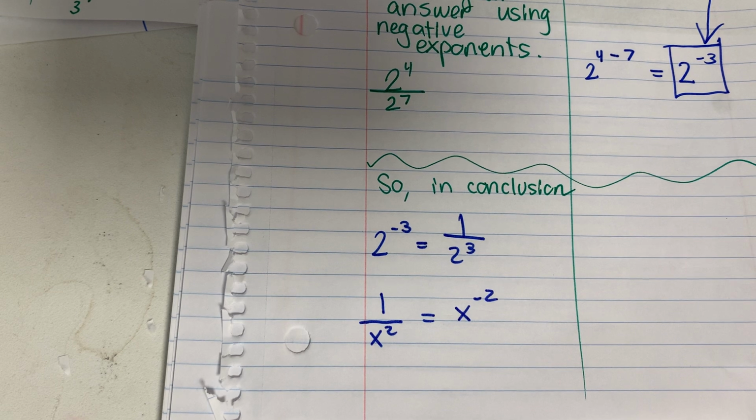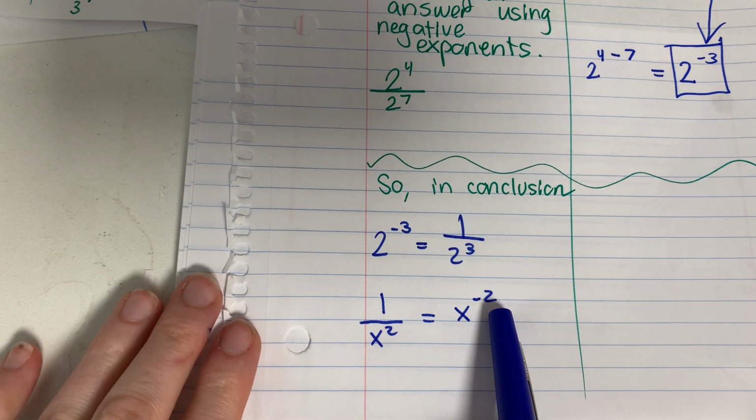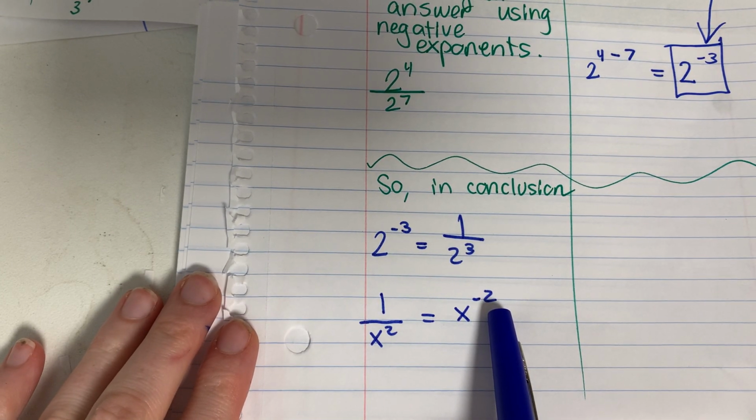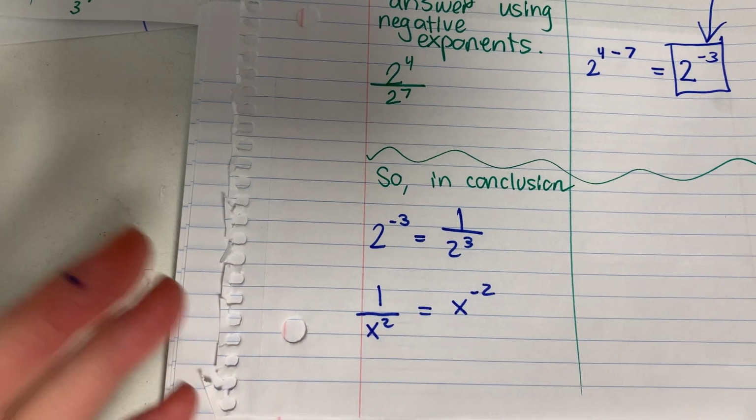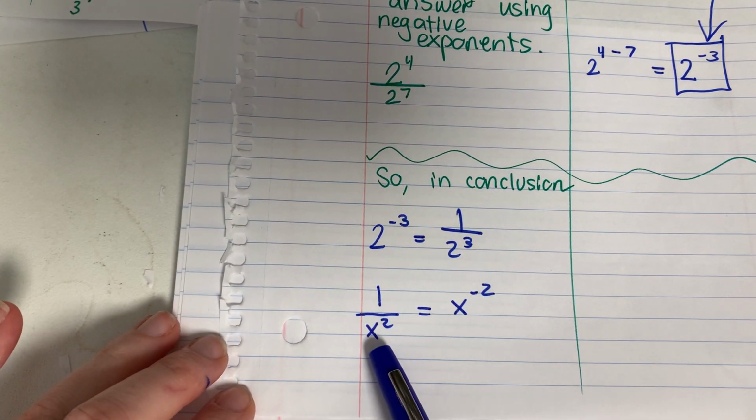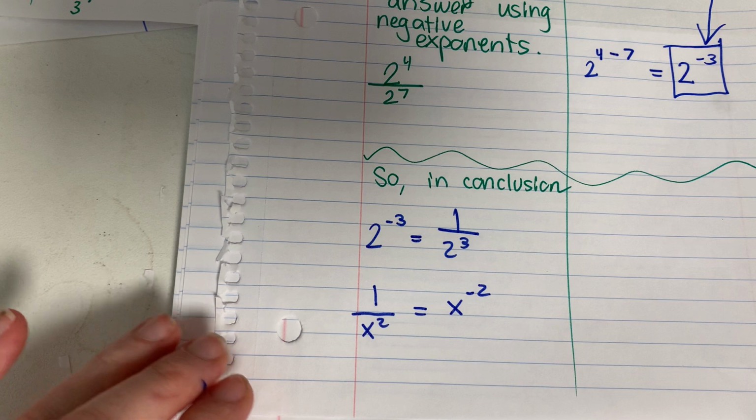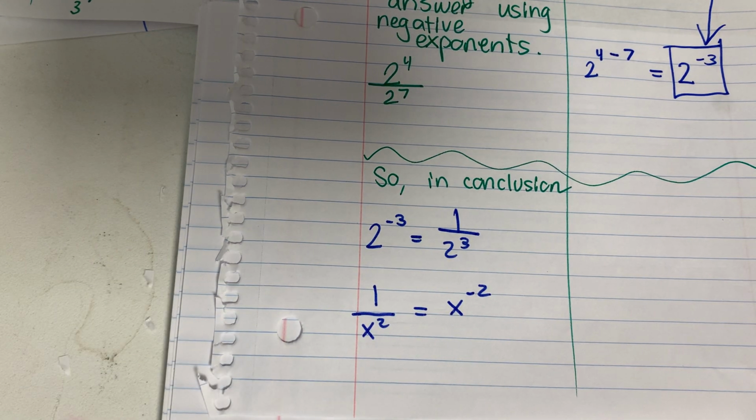They mean the same thing. When you have a negative exponent, it's the reciprocal of what x squared would have been, 1 over x squared. And we're going to learn a quick trick for this.